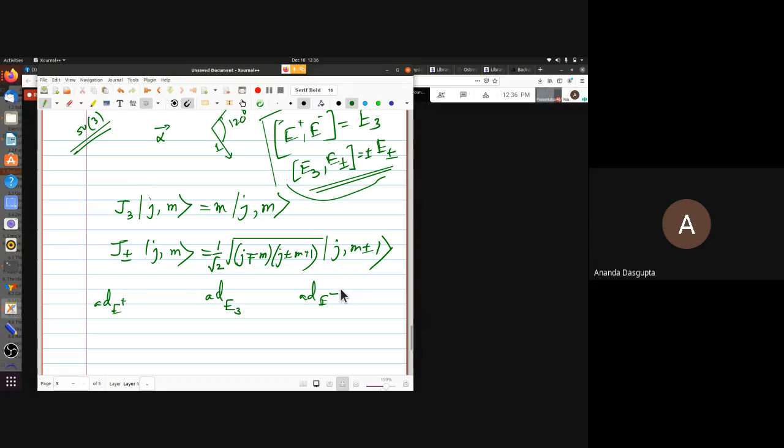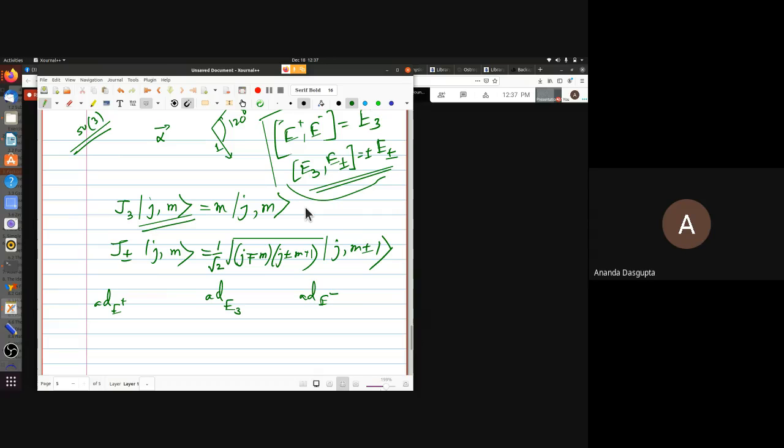So basically ad E plus, ad E3, ad E minus would also have the same kind of representations as SU2. So they will have states which can be characterized by J, M values, and when E3 acts on that, you will get M out. When E plus acts on that, you're going to raise M by 1. When E minus acts on that, you're going to lower M by 1 with the same factors, because all these are simply a consequence of the algebra. Remember, they don't depend on what operators J3, J plus, J minus are. It just depends on the commutation relations, and that's it.